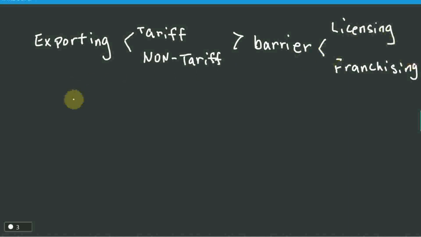We haven't studied franchising yet, but franchising is similar, just in a different field, like a service.